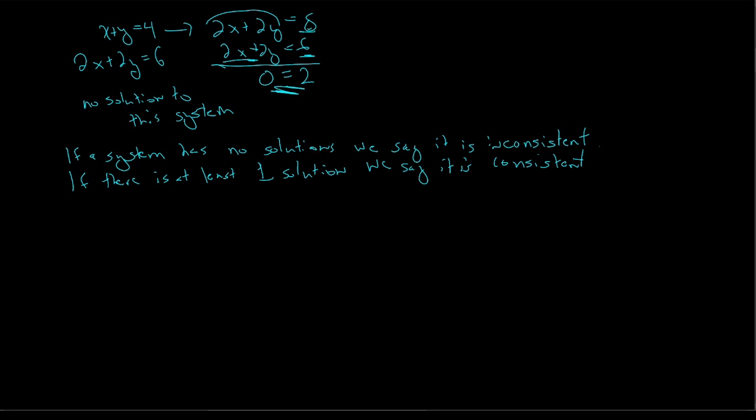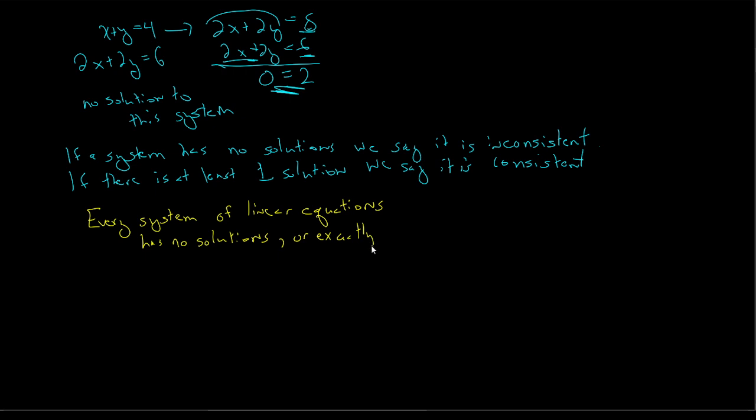So, in general, we can say every system of linear equations has no solutions or exactly one solution or infinitely many solutions.